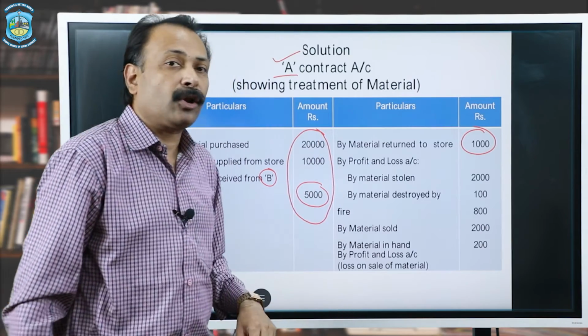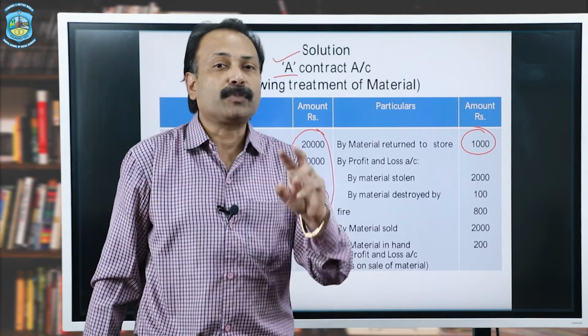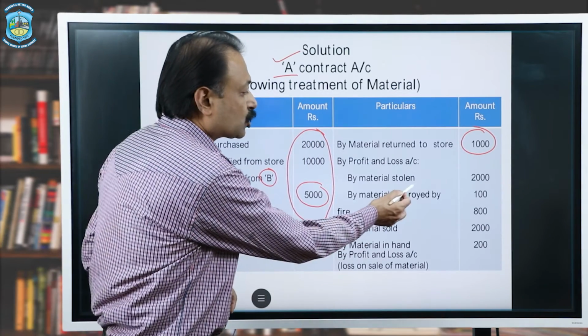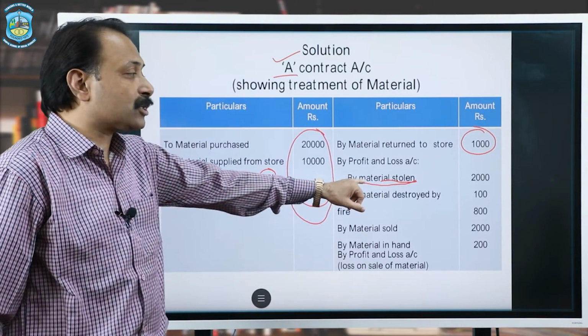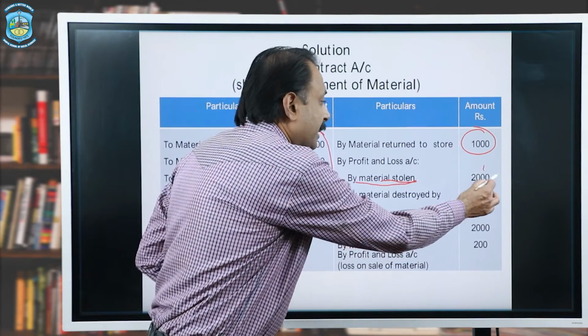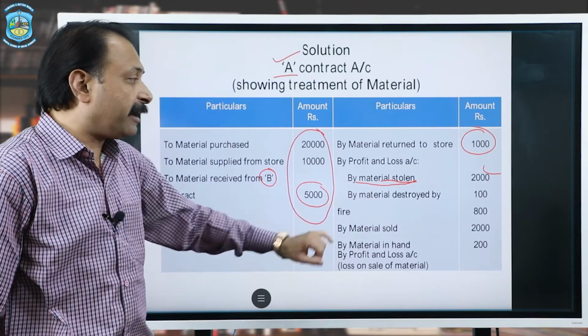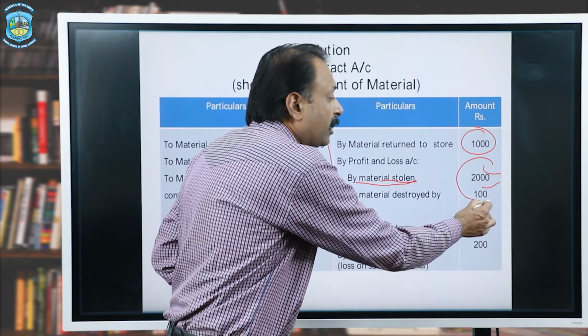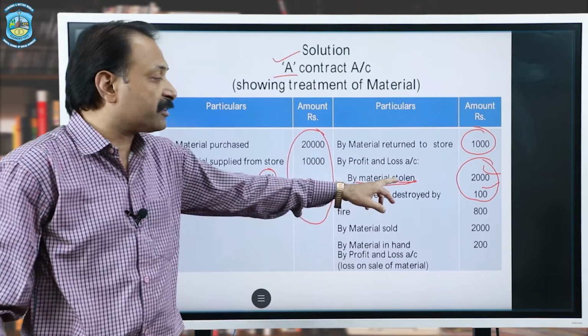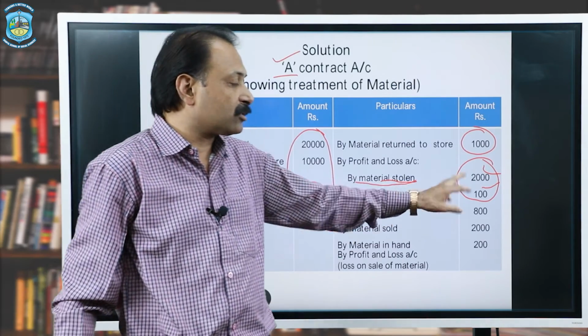Then by profit and loss, we have incurred a loss because of two things. Number one is material stolen, a loss of 2,000 rupees. Then by material destroyed by fire, 100 rupees. The total profit and loss incurred because of theft and fire is 2,100 rupees.